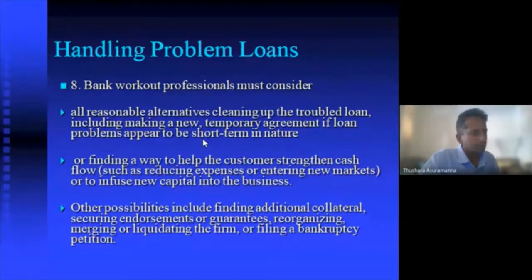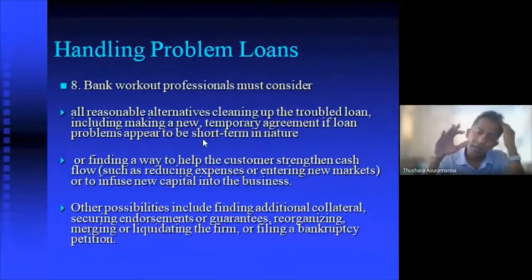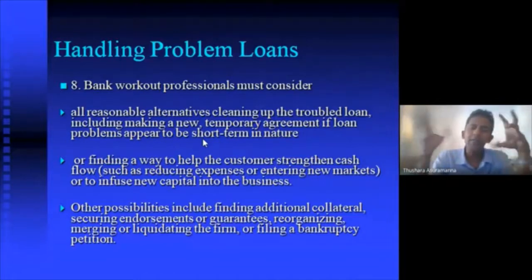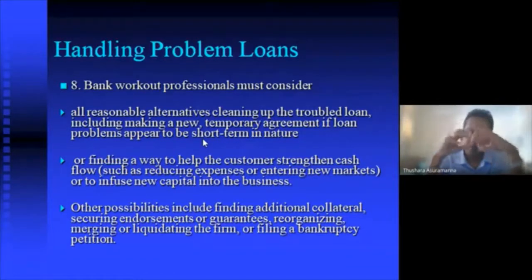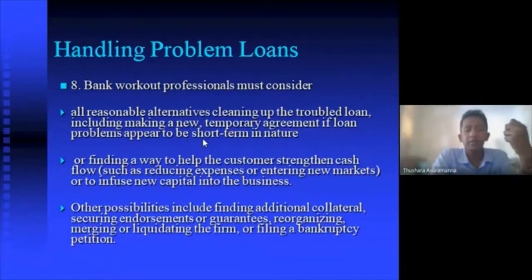It's not long-term, because until the country is open and back in operation, a 6 to 9 to 12 months grace period, both capital and interest, was given to these customers. But there may be some customers for whom you can't make a short-term solution. Then it could be rehabilitation, restructuring, rescheduling, which is long-term. So you need to understand that. If it is short-term, yes, you have to do it and support the customer.